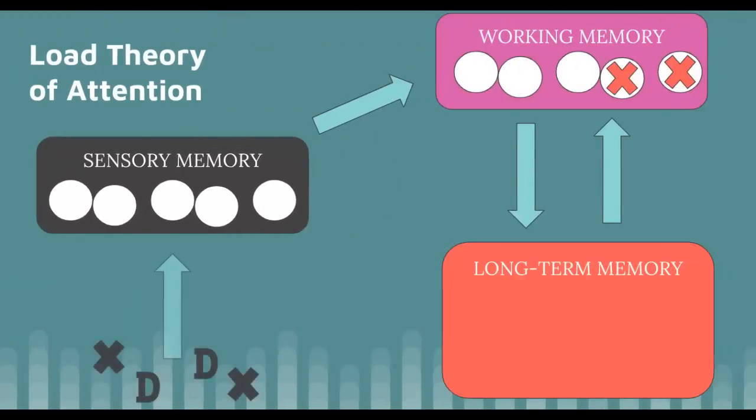And what you could imagine is if we had some external stimuli. Here I'm going to use the black X's to represent the task-relevant stimuli and the capital D's to represent distractor stimuli. You could imagine that if the task-relevant stimuli don't capture all of the perceptual load, then now there's a little bit of space in the sensory memory for distractor processing.